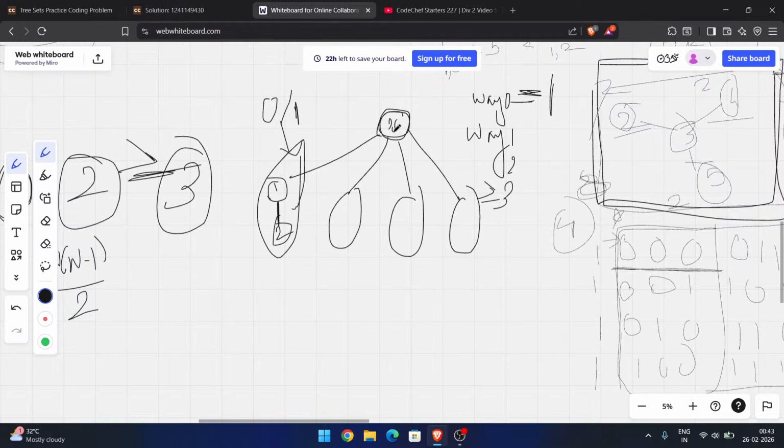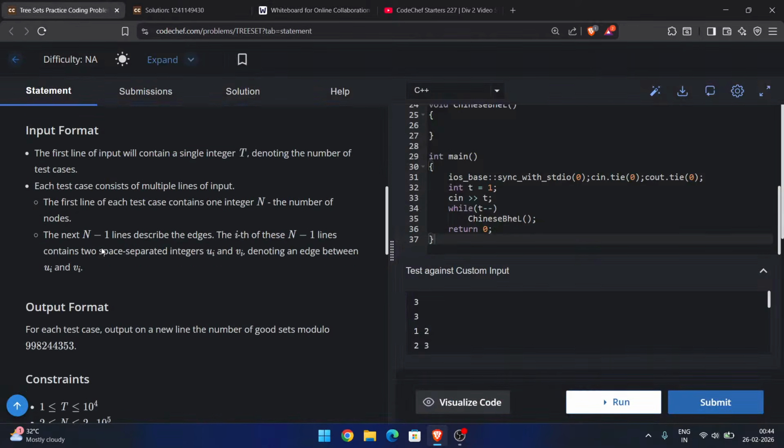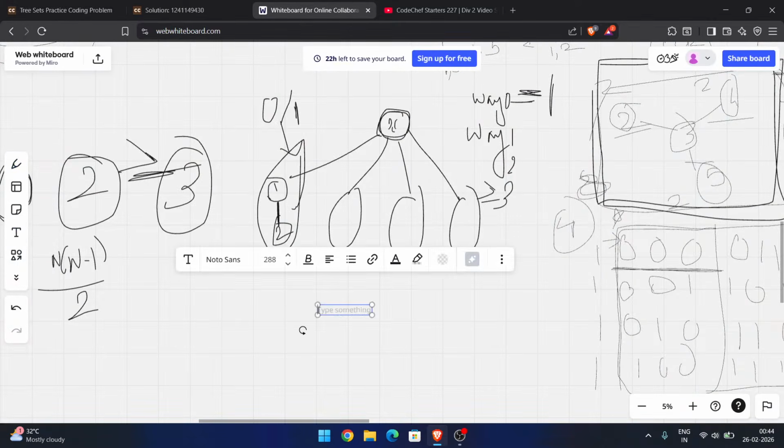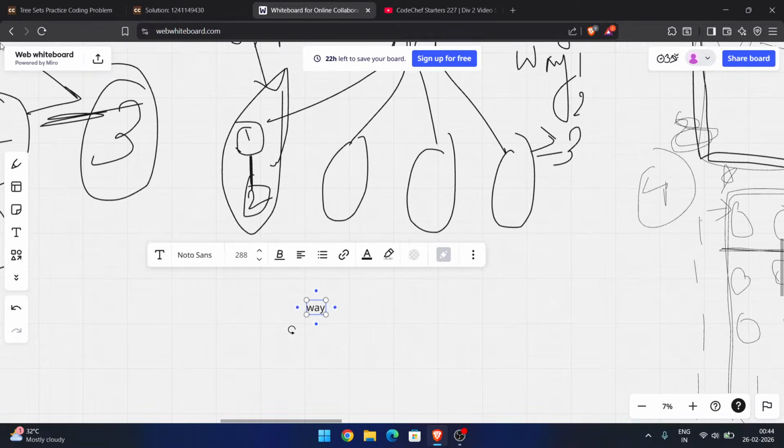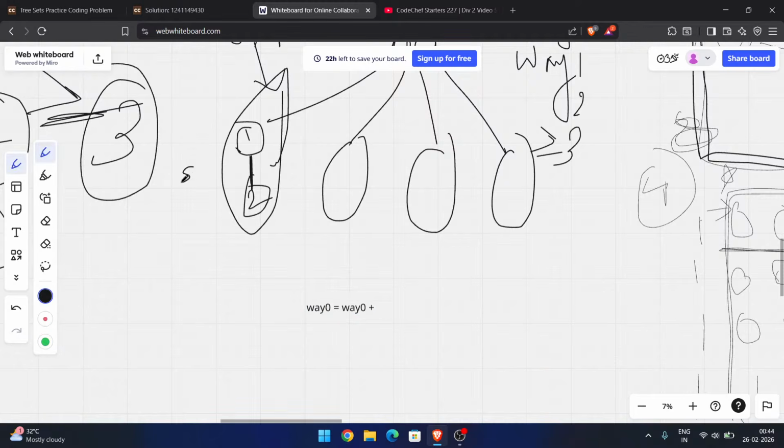Okay. So how can we do that? We can either take 1 or 0. If we take 0, then everything would be the same. So that's why you can see this condition. If we decide not to take anything from this branch, then it would be that only. But if we decide to take anything, then the choices for this is the size of this branch.